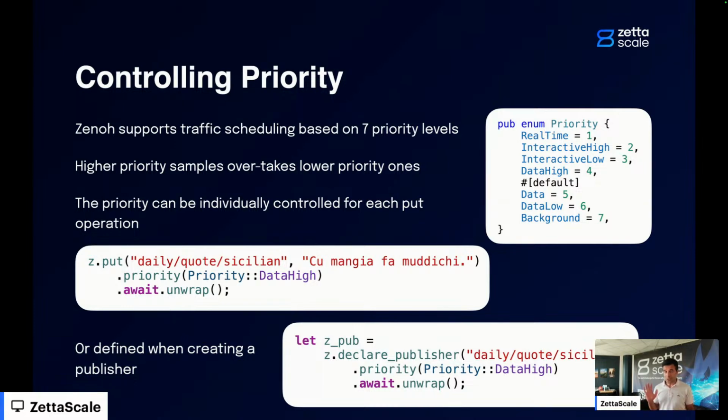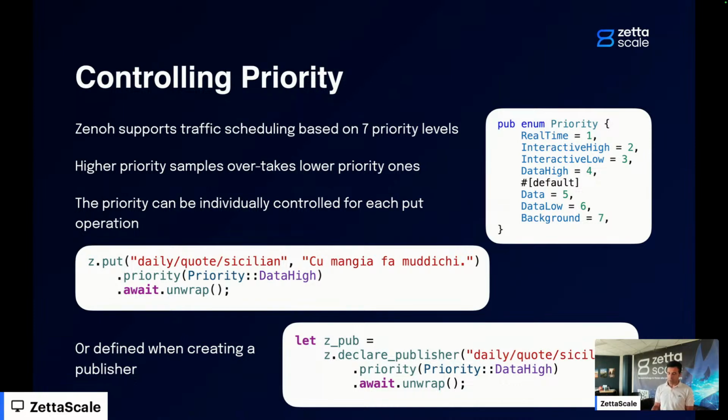And as I explained in the previous episodes, you can configure a link and dedicate it to a given priority or a given priority range. You can control priority for each individual put. So you will have a z put with priority high for this quote. Or you can define a priority when declaring a publisher. The default priority is data, which is 5.